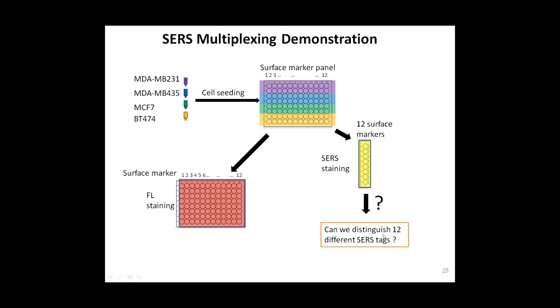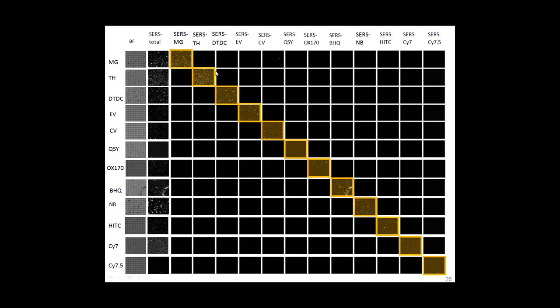So in order to implement that, we first try our capture bead experiment before going to the cell experiment. So here are the results. In each column, you'll see a bright field image of the tile scan for each single stained SERS tag on the capture bead. And the second column is the SERS integrated emission image of the single stained bead.